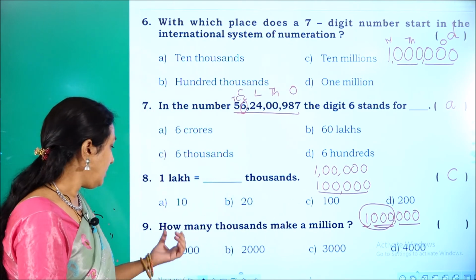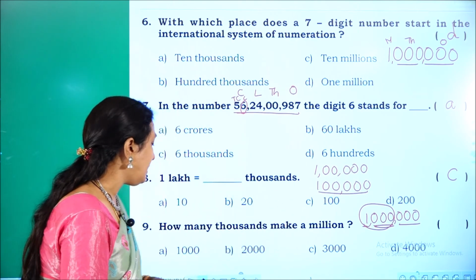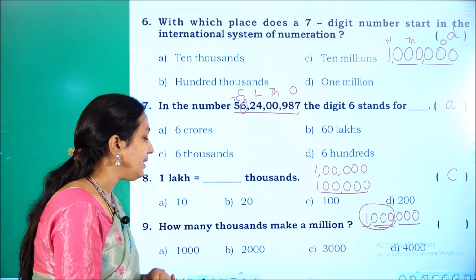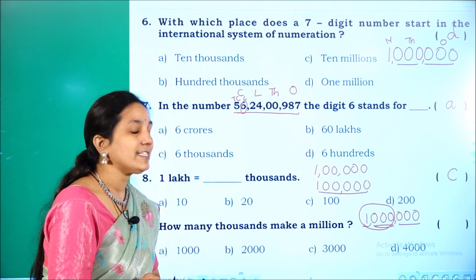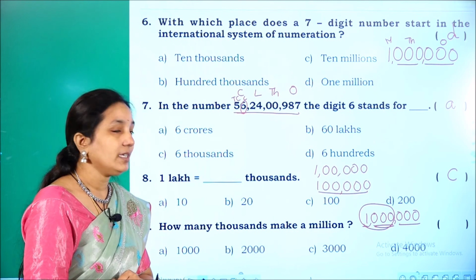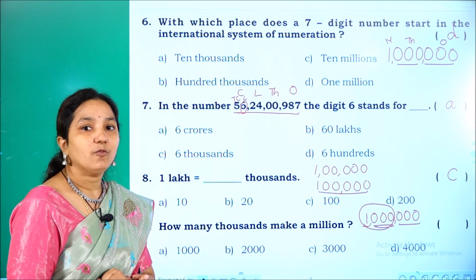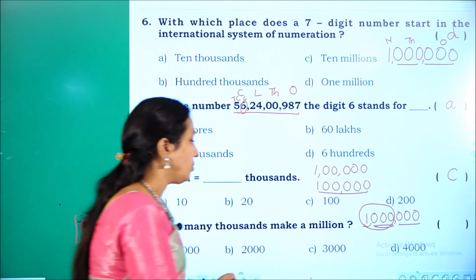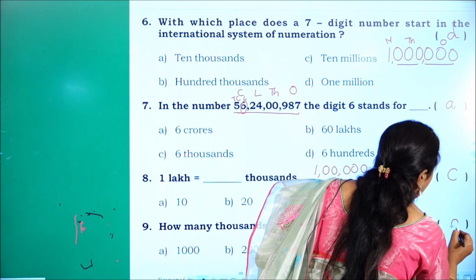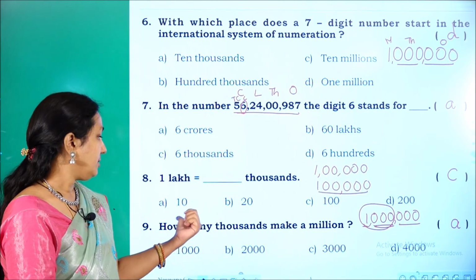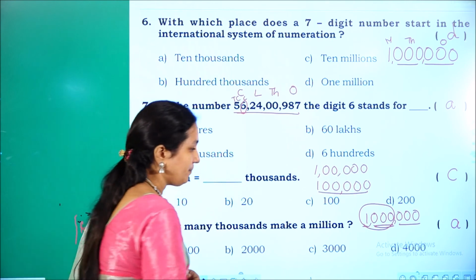So how many thousands make a million? Option A is 1000, option B is 2000, option C is 3000, option D is 4000. So 1000 thousands make 1 million. Our required option is A.